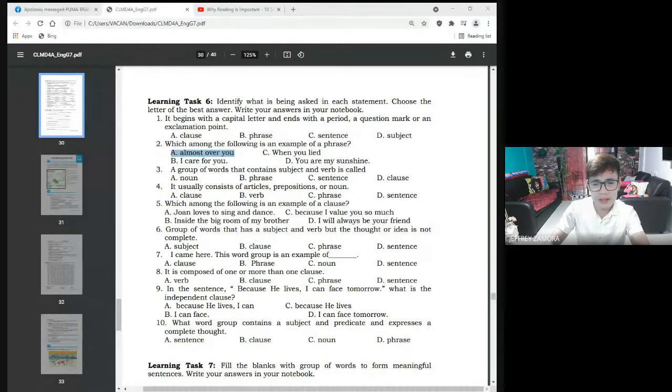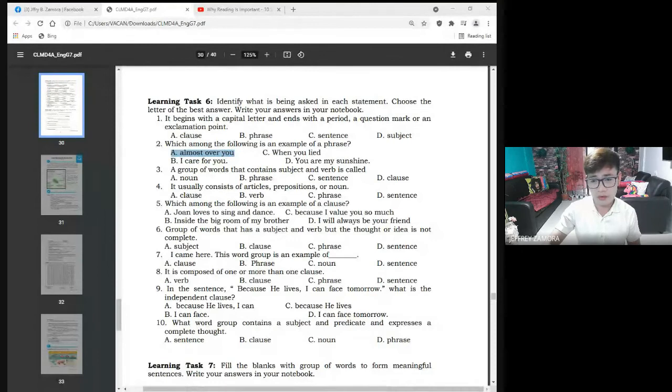Always remember the clause. There is a subject and there is a predicate. Kapag napugutan, parang tao yan eh. Ang tao may ulo at may katawan. Subject ang ulo, ang katawan ay predicate o verb. Kapag nawawala yung isa, napugutan ang ulo, which is the subject, phrase agad yan. Kapag nawala ang predicate, phrase agad yan.